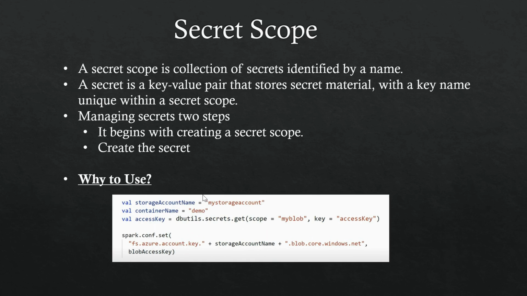In this case, the access key is not provided, but the scope name is provided, that is my blob, and the key name is provided, that is access key. There is a method with the help of dbutils, you can get your secrets. You will not be able to visualize the secrets that are present, but you will be able to access whatever data is there in the secrets in a redacted form.